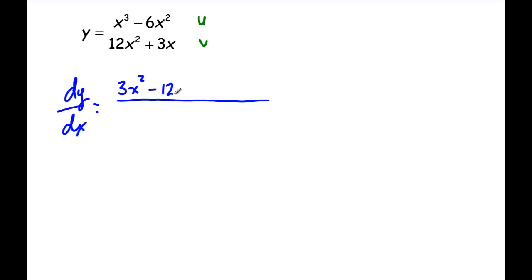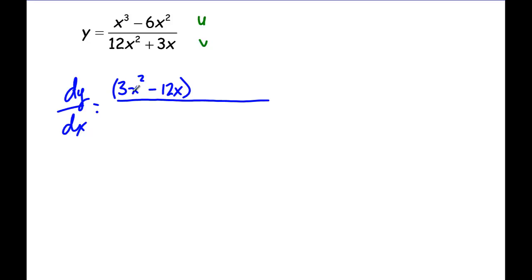Once again, I'm going to say this is u and v, and we're going to go through the process again. So dy/dx is equal to u prime, which is 3x squared minus 12x.